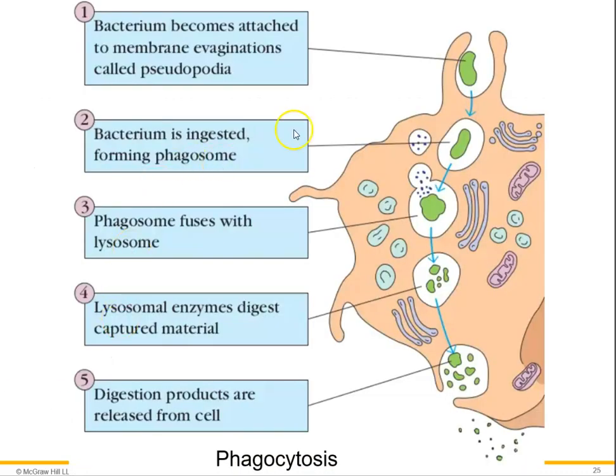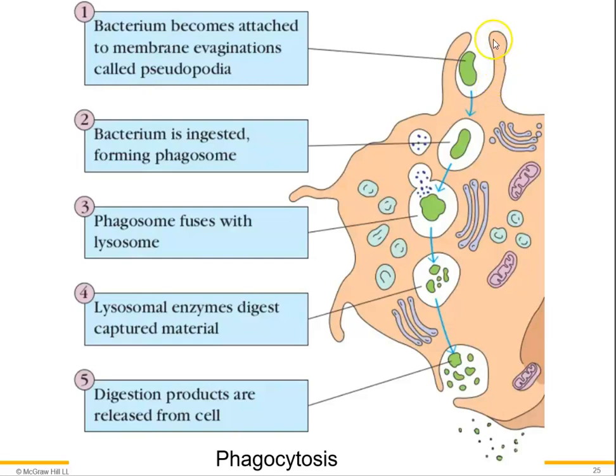Okay, so here's an example. This is phagocytosis, and we'll get pretty familiar with this when it comes to the immune system and how it fights against pathogens. So here we have a pathogen, a bacterium, and it has become attached to these evaginations of the cell.